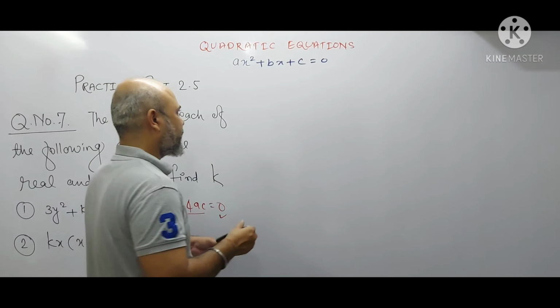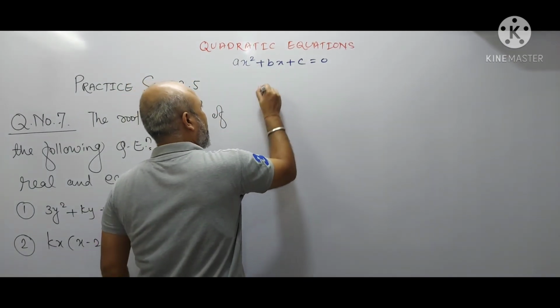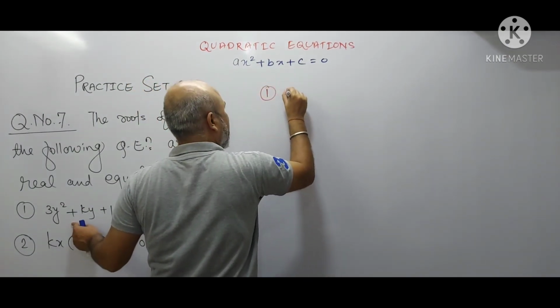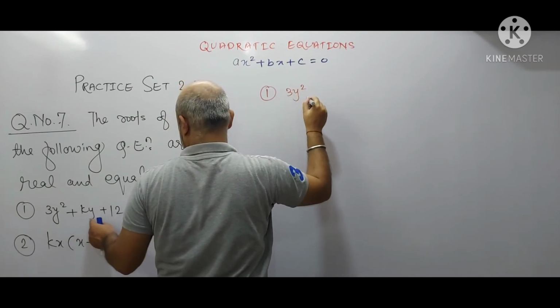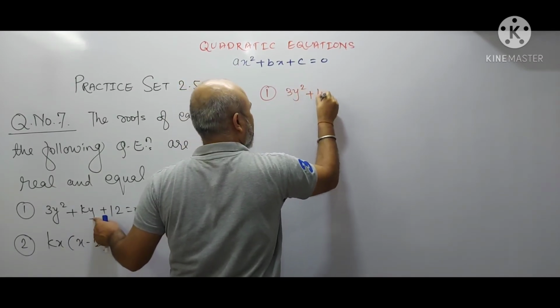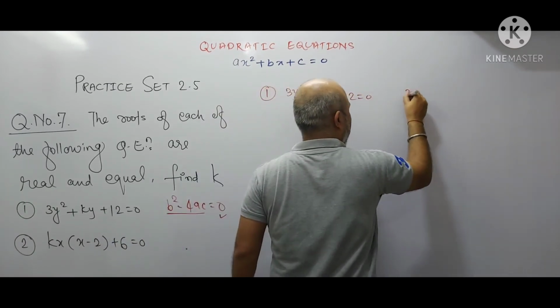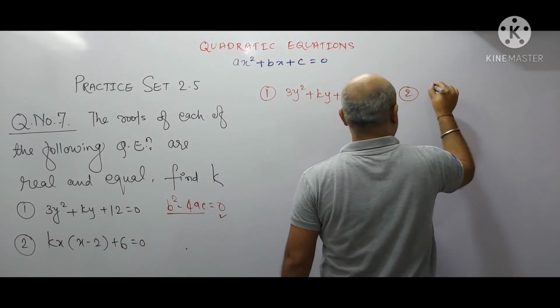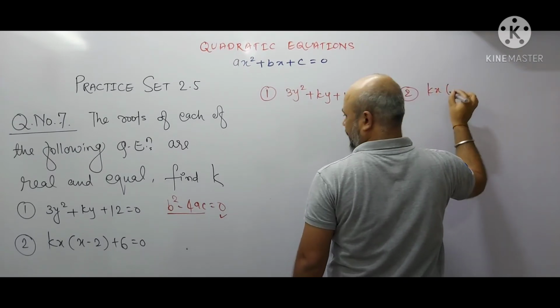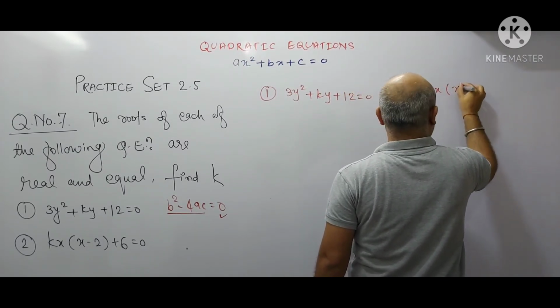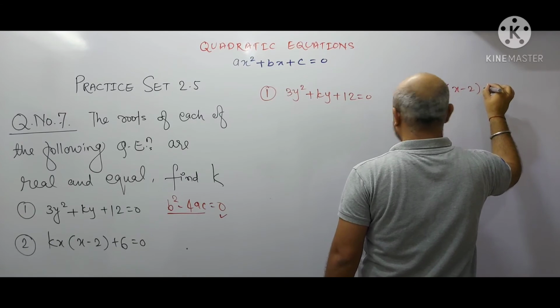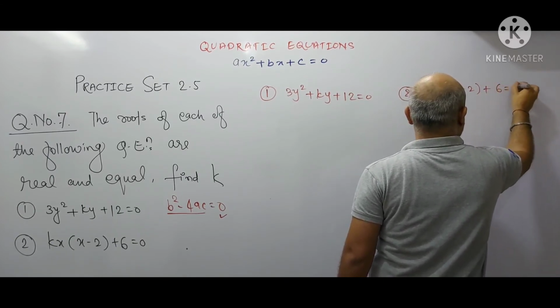So first we will solve the first one. What is the first one? 3y square plus ky plus 12 is equal to 0. And the second one is kx times x minus 2, plus 6 is equal to 0.